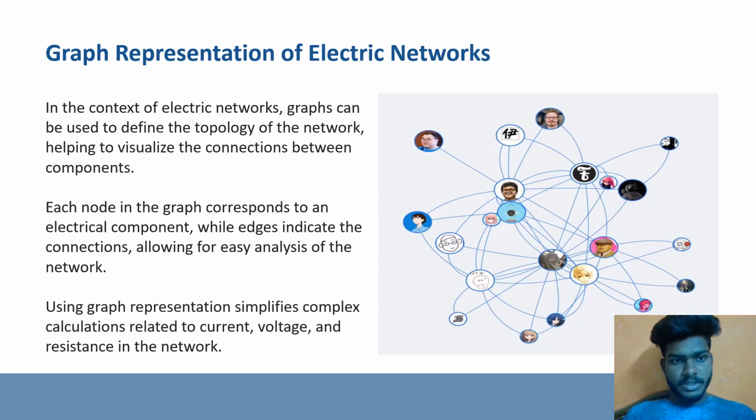Graph representations of electric networks. Here the graph represents relationships from one person to another person, one animal to another animal, one letter to another letter. It is the concept of an electric network.